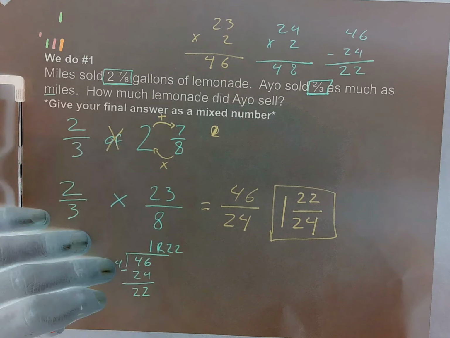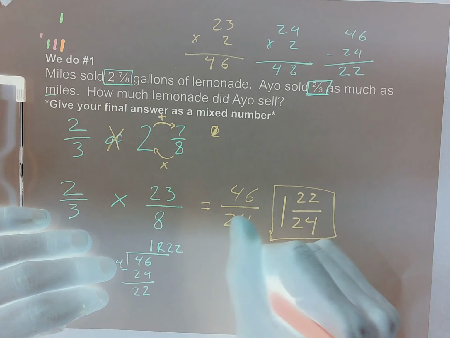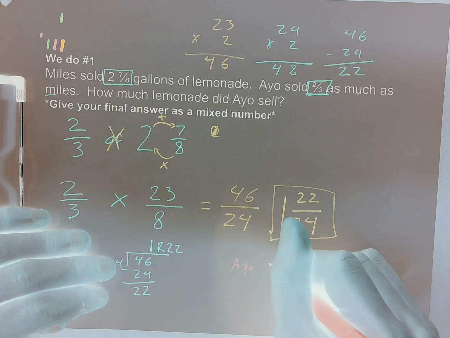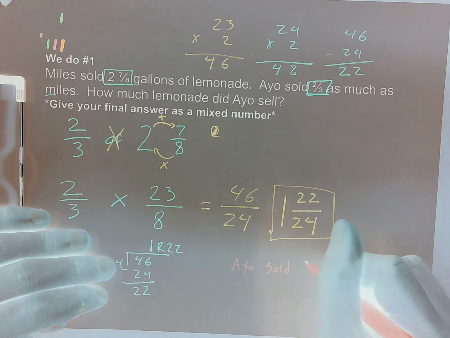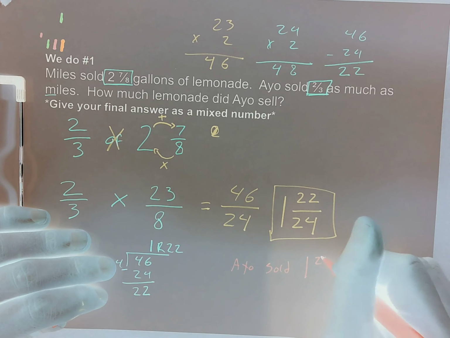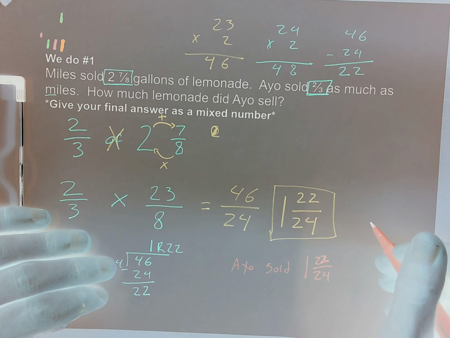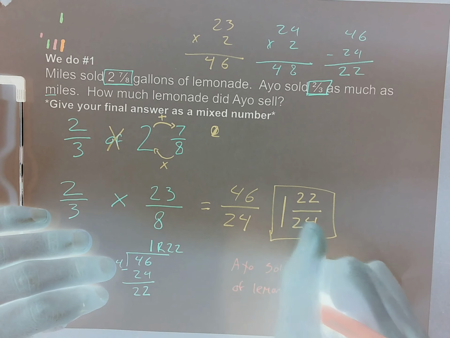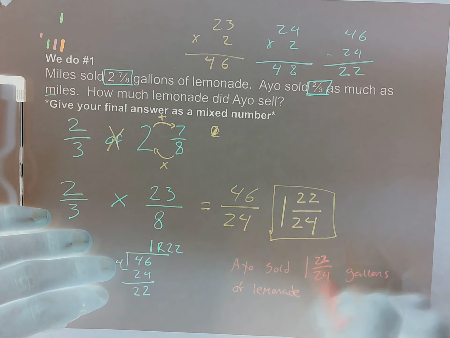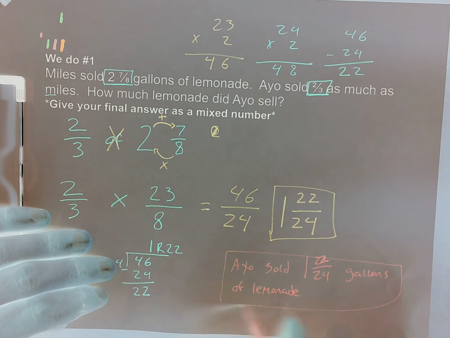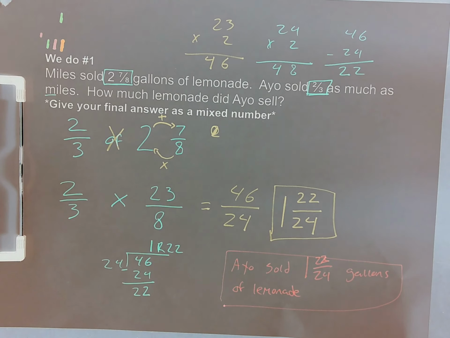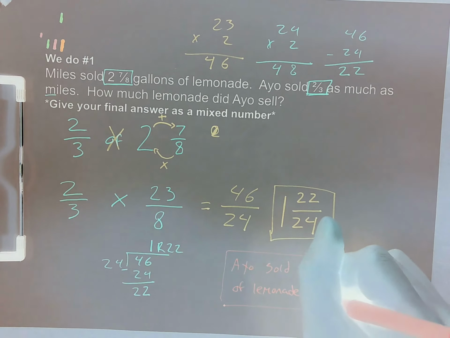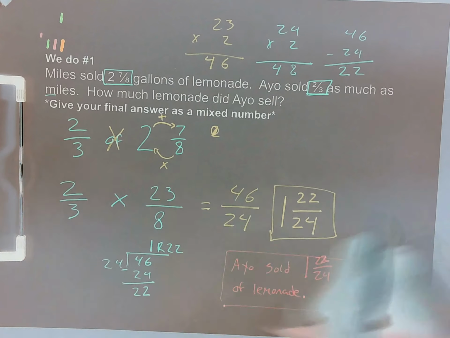Io sold 1 and 22/24 gallons of lemonade. Let's pause here and get a picture of we do number 1 into our notes.